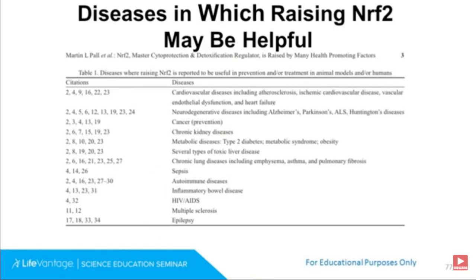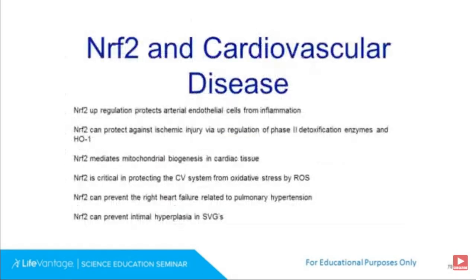So being a cardiologist, I'm often asked, well, what does Nrf2 activation do in the cardiovascular system? Well, we have studies that show that it protects endothelial cells from inflammation. So in order to get an atherosclerotic plaque to develop in your artery, you have to have two things. You have to have cholesterol and you have to have inflammation. We have good drugs that treat the cholesterol part, but we don't have good drugs that treat the inflammation part.